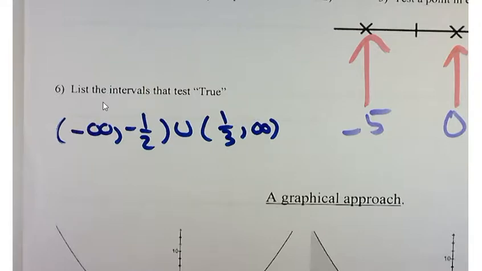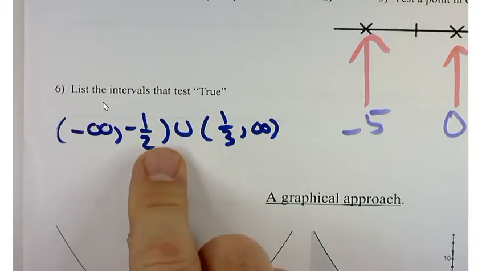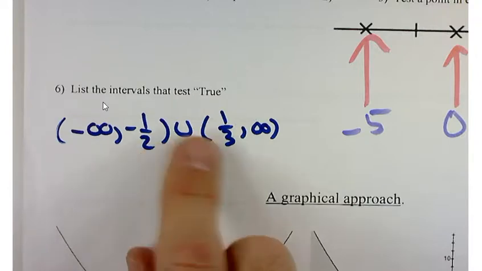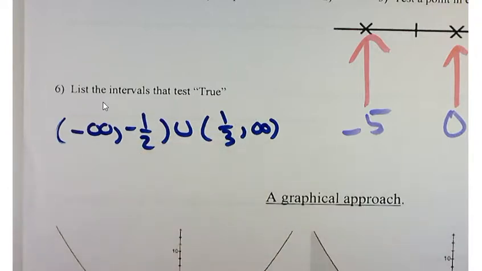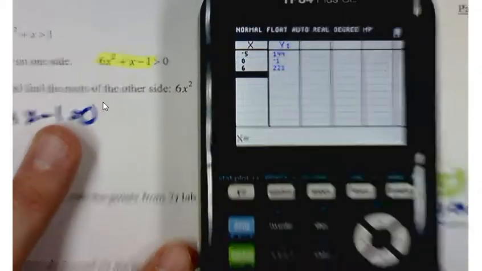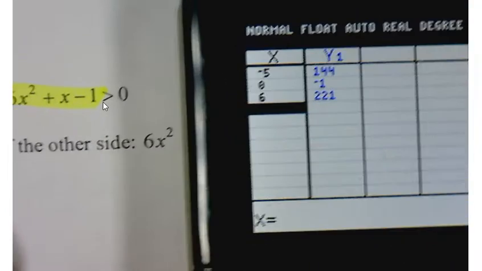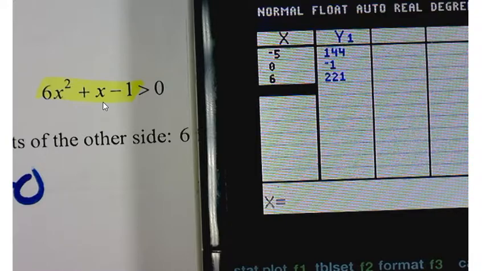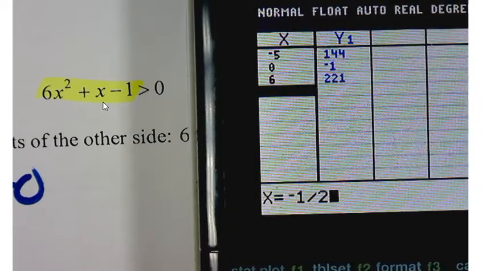A good question would be, do I want to use parentheses here or do I want to use brackets? Can I use negative 1/2? Can I use 1/3? Well, let's check it out with our calculator. If I put in, say, negative 1 divided by 2, as soon as I hit enter, it's going to change this into a decimal.